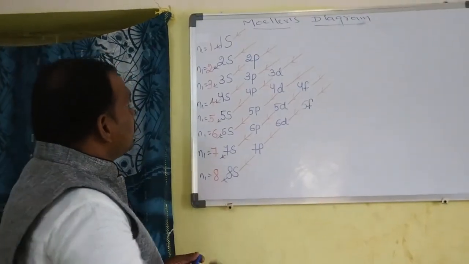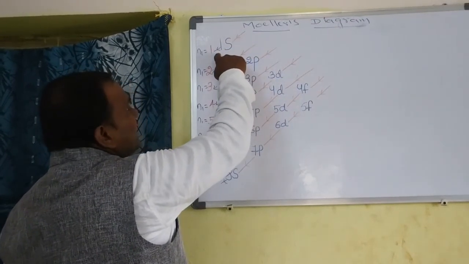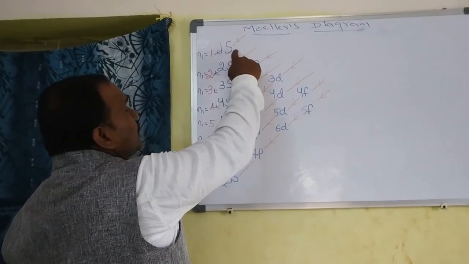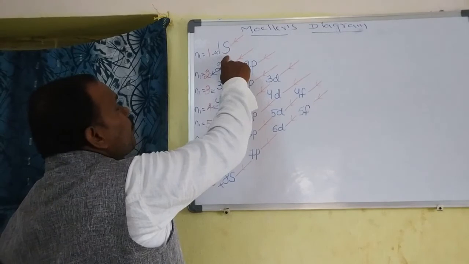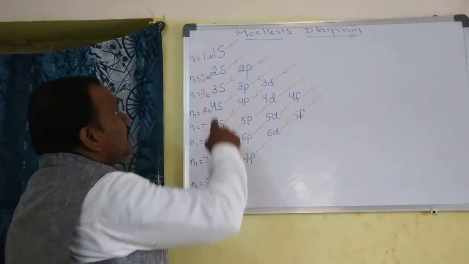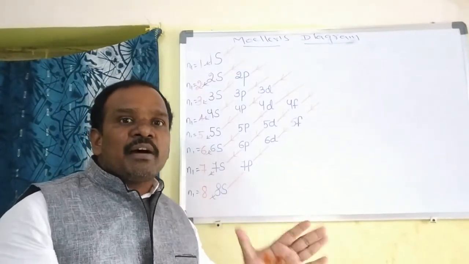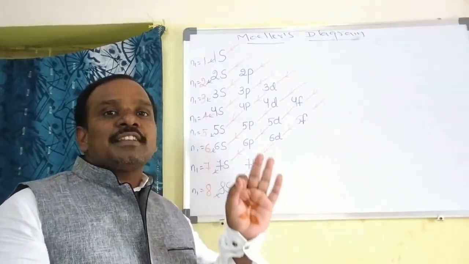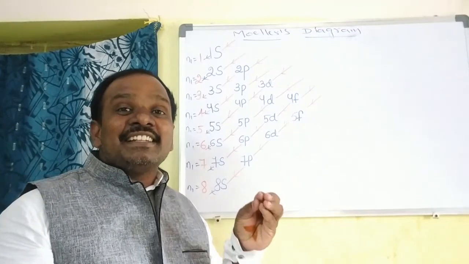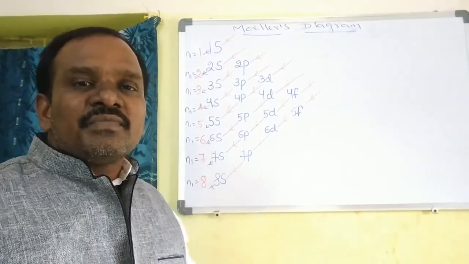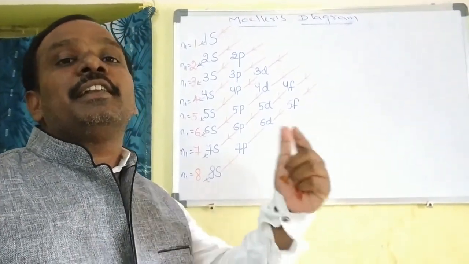See here, this arrow mark indicates the electrons are entering into the 1s orbital. Means regarding the above rule, the electrons are entering into the lower energy orbital first and the higher energy orbital next.